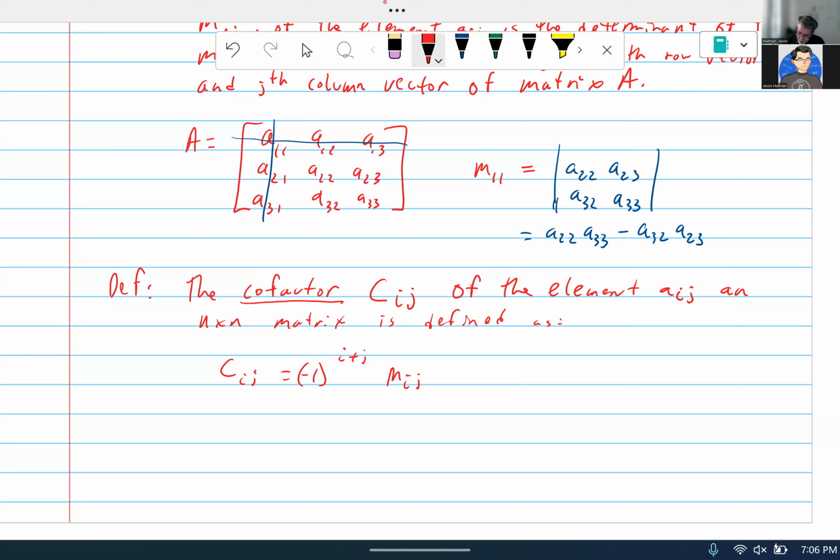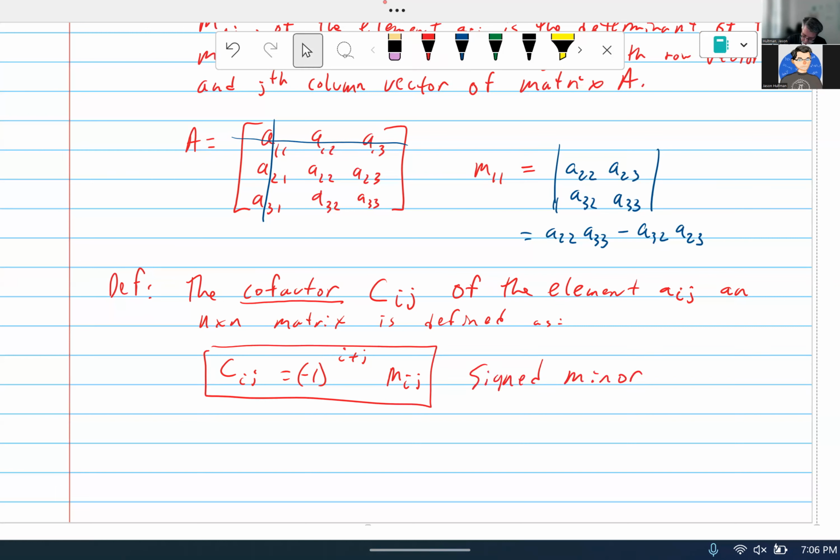And so what this does is it gives me something called a signed minor. This cofactor is just a signed minor. It's a minor that has a sign. It's either positive or negative, depending upon this formula.